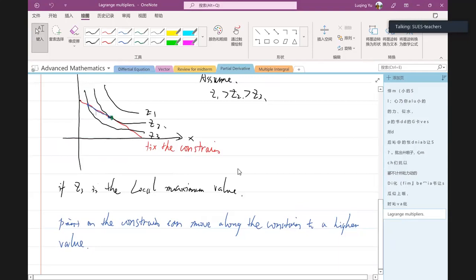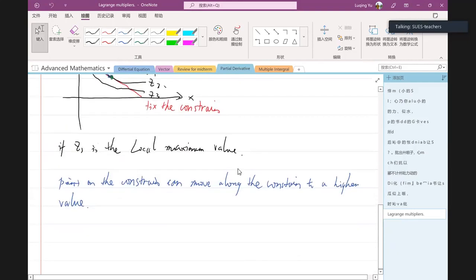The constraint in three-dimensional space is a tangent plane, but if we project this into a contour plot, then the constraint is going to be a tangent line. Here I'm not saying mathematically, but logically telling you why this has to be a tangent line.